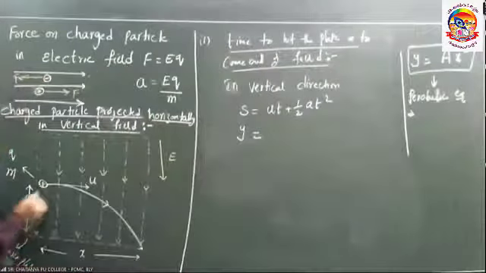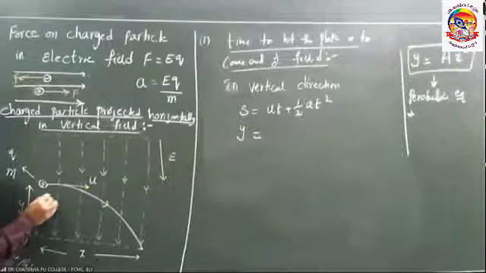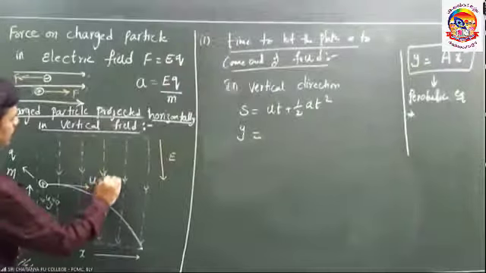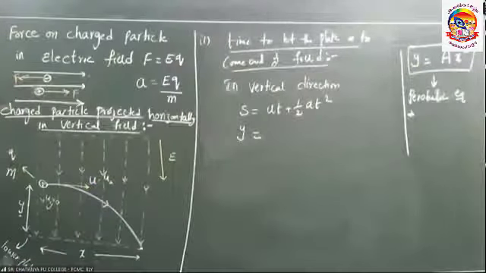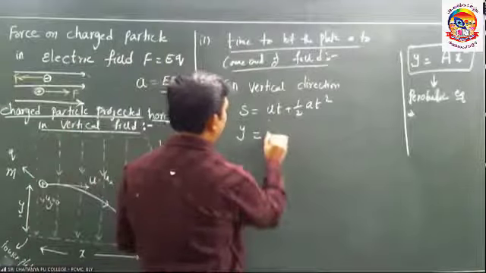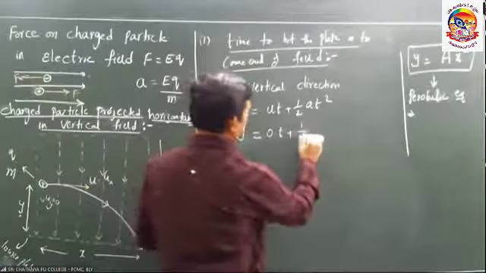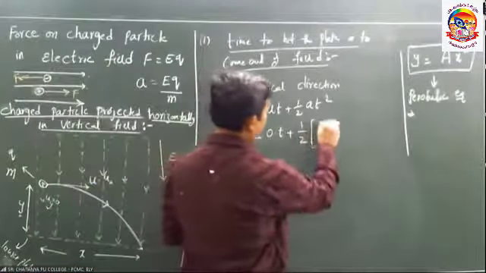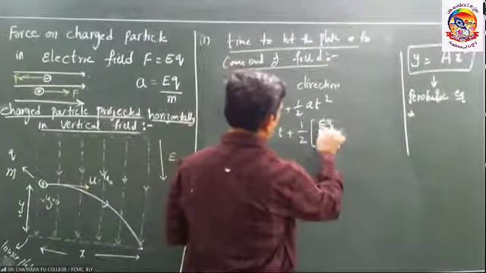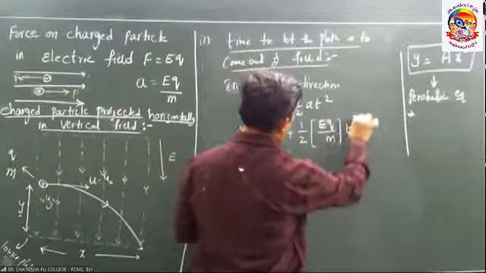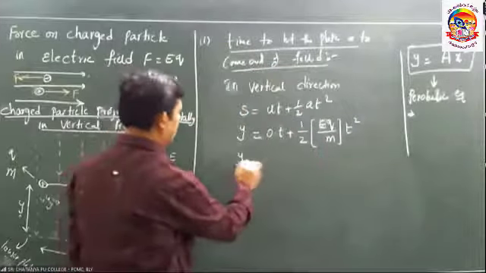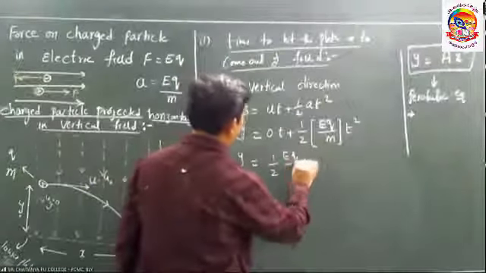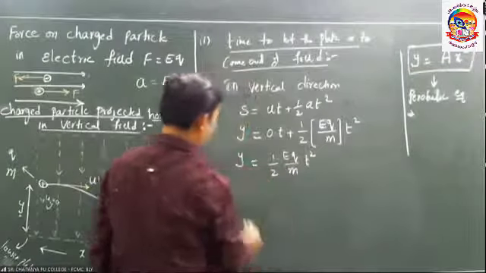In vertical direction, uy is 0. In vertical direction, this is 0 plus half, acceleration is what? Eq by m, into t square. Then y is equal to half Eq by m into t square.